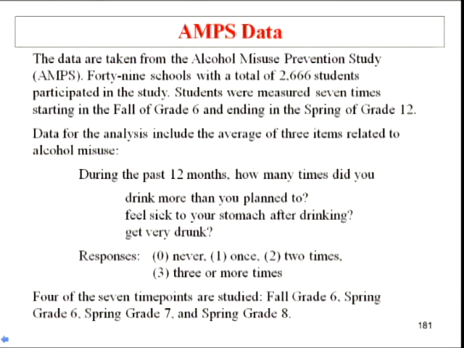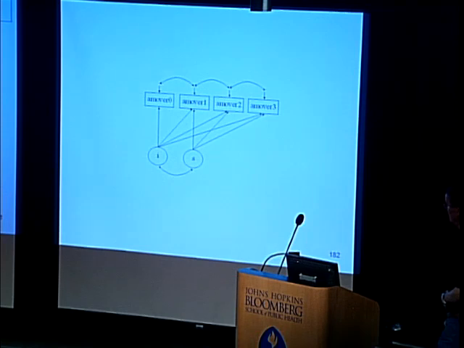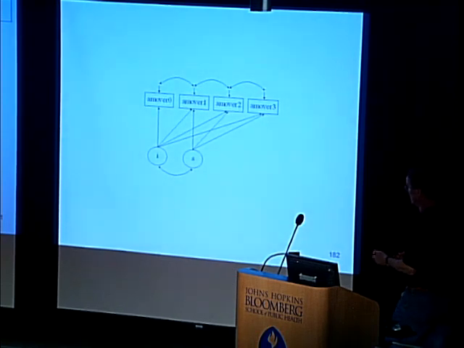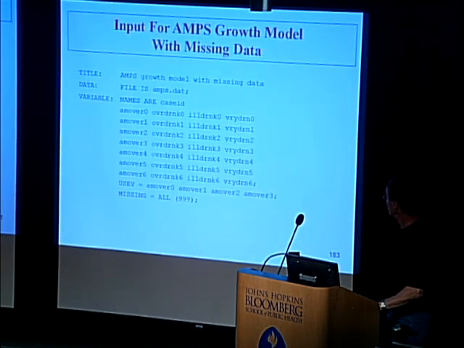Let's take an example instead. Back to the AMPS data and get you familiarized with the Mplus output. So back to the AMPS modeling, the alcohol misuse overall variable at 4 time points. And as you can imagine, there's missing data.